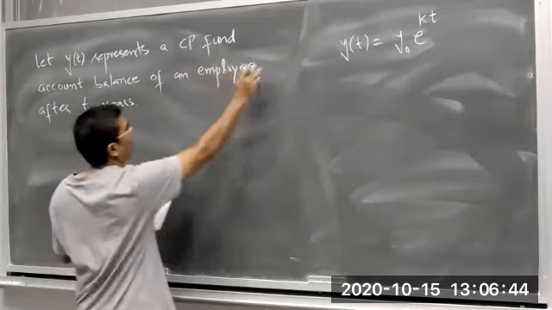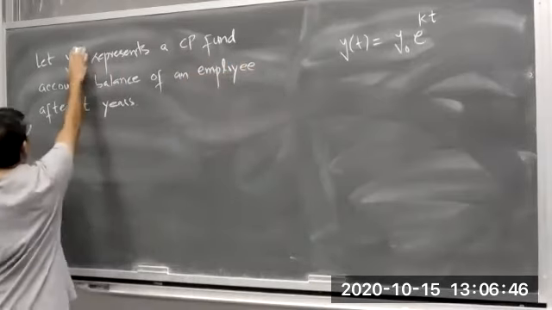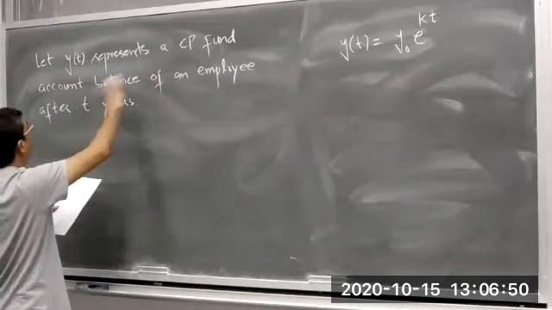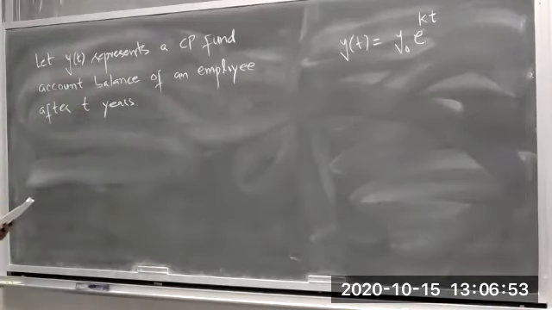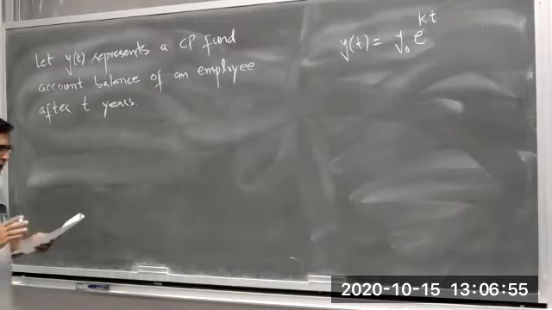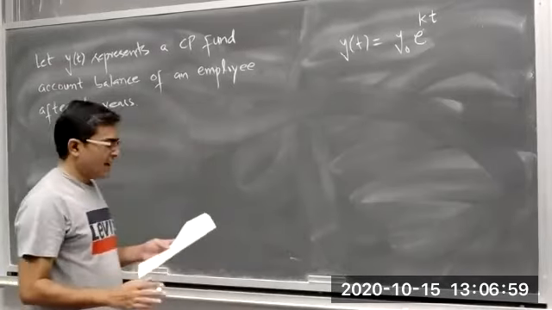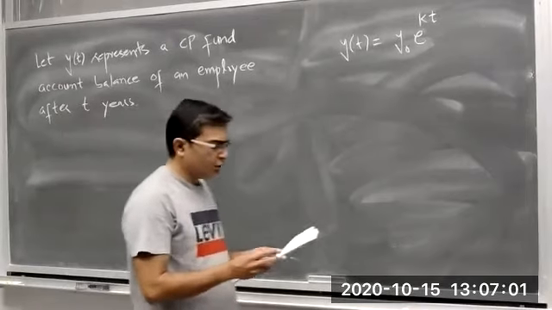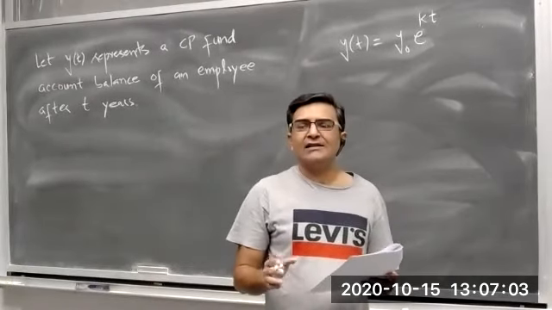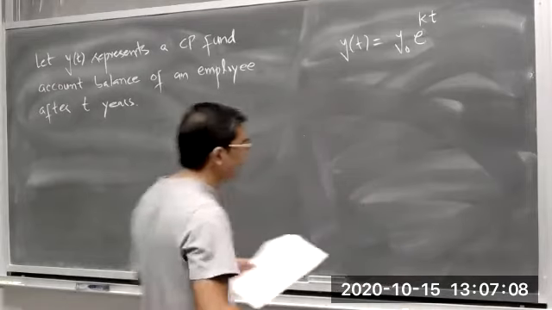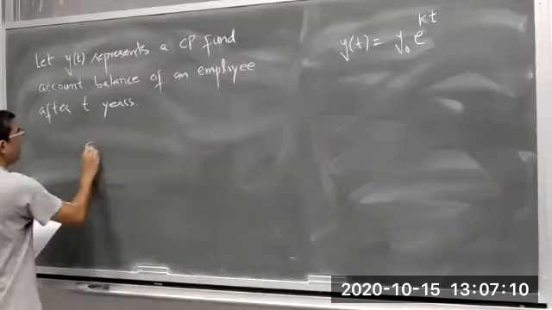So y of t represents the CP fund account balance of an employee after t years, where t is the number of years. Each year the account earns 5% interest by the bank. Okay, if we keep it up to here, what will happen? Every year the bank gives 5% interest in that account.